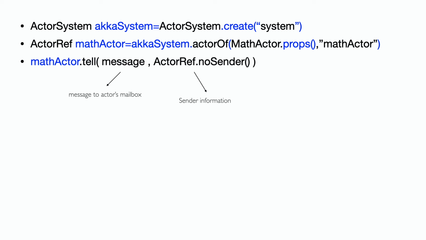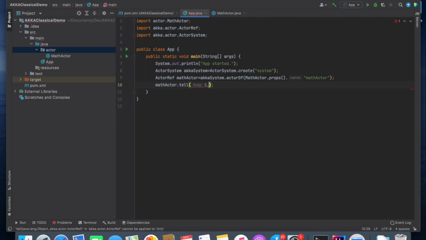The first param is the message we would like to send to the actor's mailbox. And the second is the sender info. Sender info needs to be an ActorRef type. As we send it from the App class, and the App class is not an actor, we will use ActorRef.noSender, so we don't send the sender information.